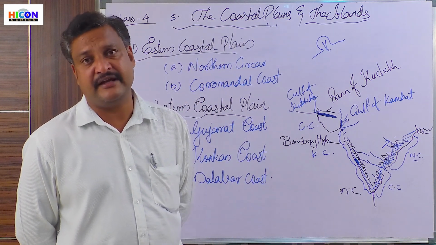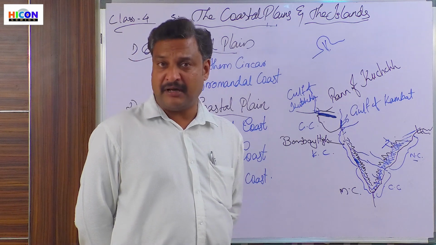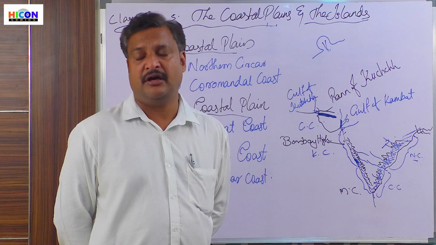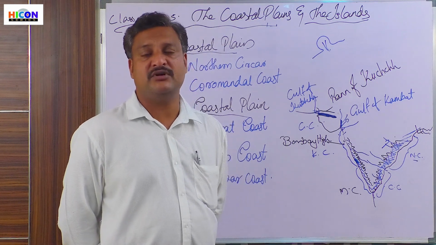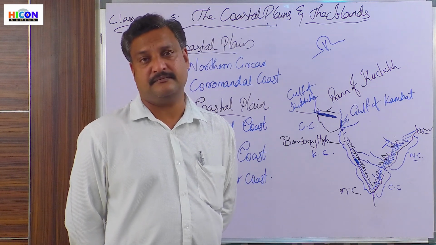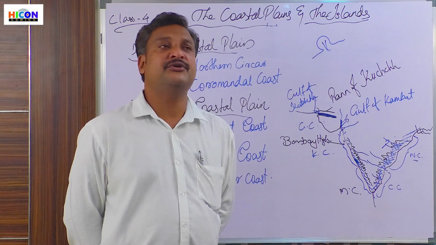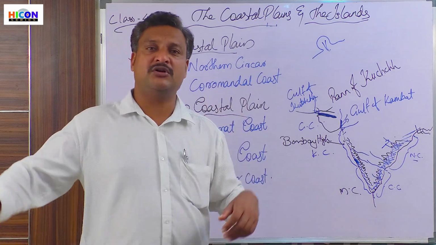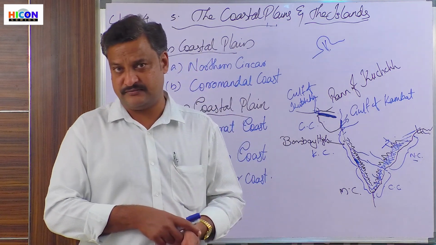So Kerala is a state which has a very good number of these backwaters. Backwater means it's a huge lake which actually is connected with the sea. Okay, so during the high tide, obviously the salt water will come into this, and during the low tide, obviously the water will go out of it also.